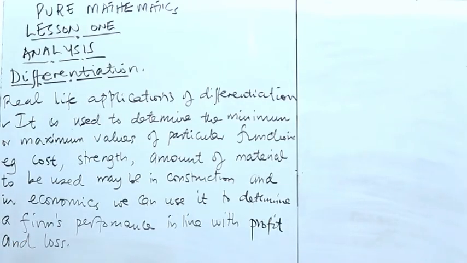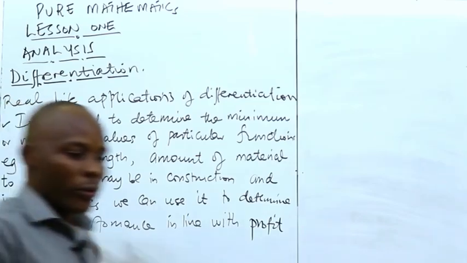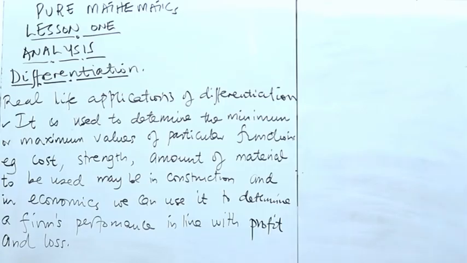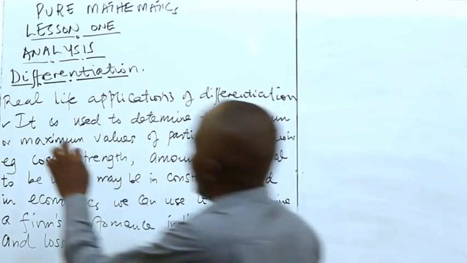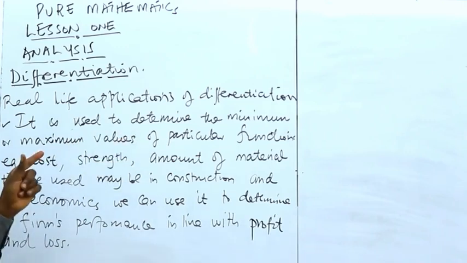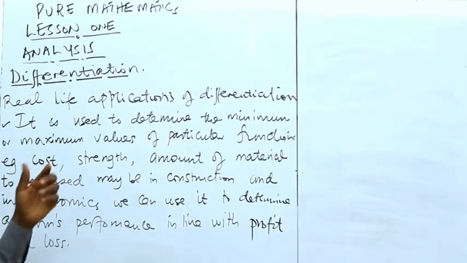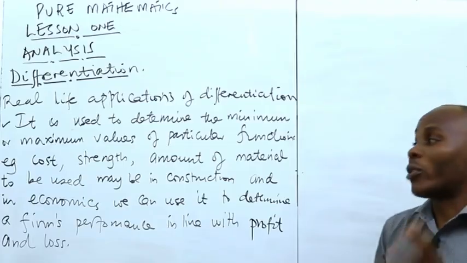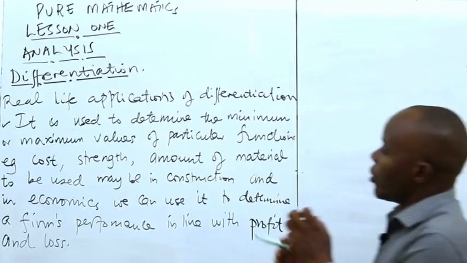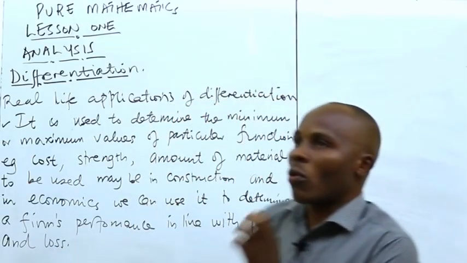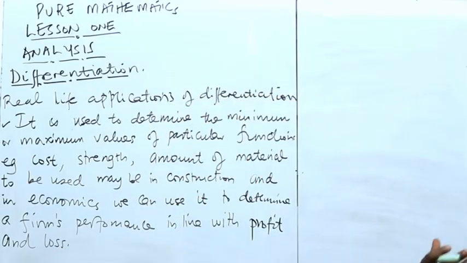Look here. We are talking real life applications. I've said that it can be used to determine the minimum or maximum values of particular functions, e.g., it can be cost. In other words, when companies manufacture products, they base on differentiation to come up with a costing.